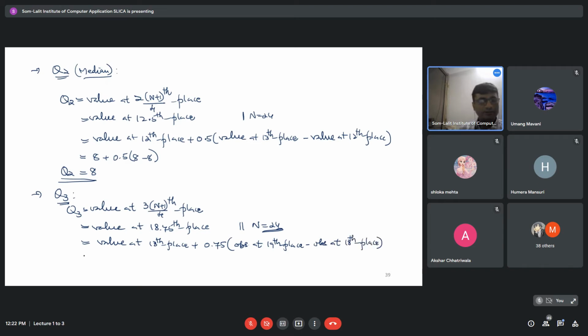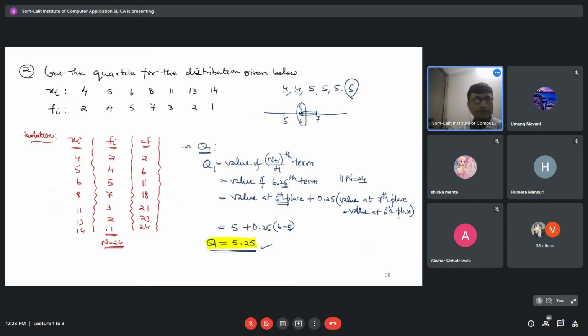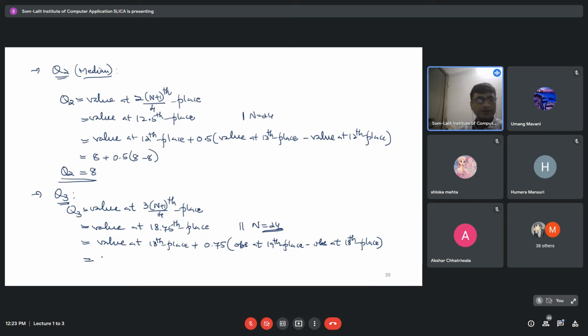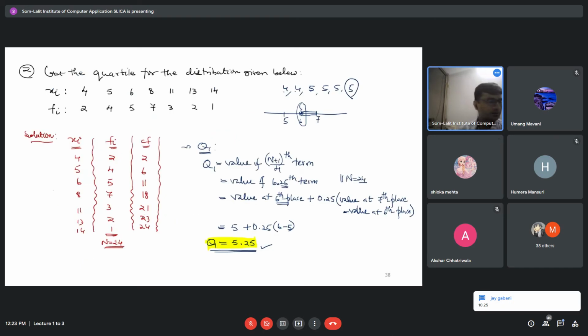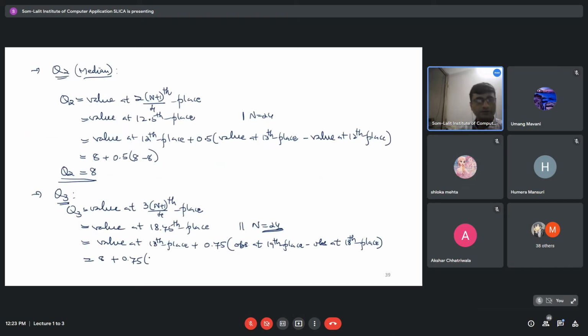Fine. Now which observation will be at the 18th position here? 8. Yes, it is 8 plus 0.75 into, which observation is coming at the 19th position? 11. 11, yes. Minus 8, as you have written there. So 8 plus 0.75 into how much? 3. So what is our final Q3?